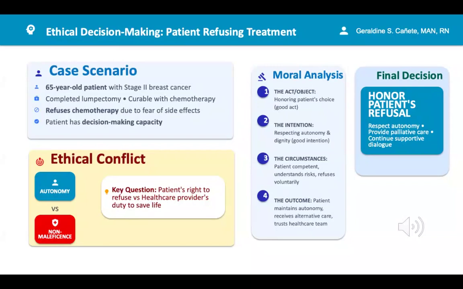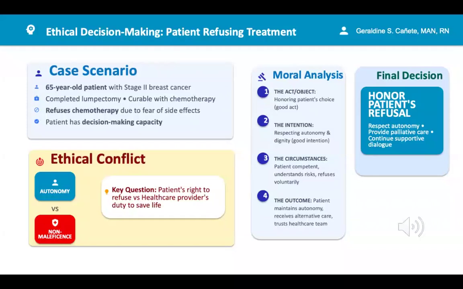From a non-maleficence perspective, we have a duty to prevent the patient from harming herself by refusing a potentially life-saving treatment. We want to protect her from the consequences of her decision, even if it means overriding her wishes. What are some arguments in favor of overriding the patient's autonomy in this case?